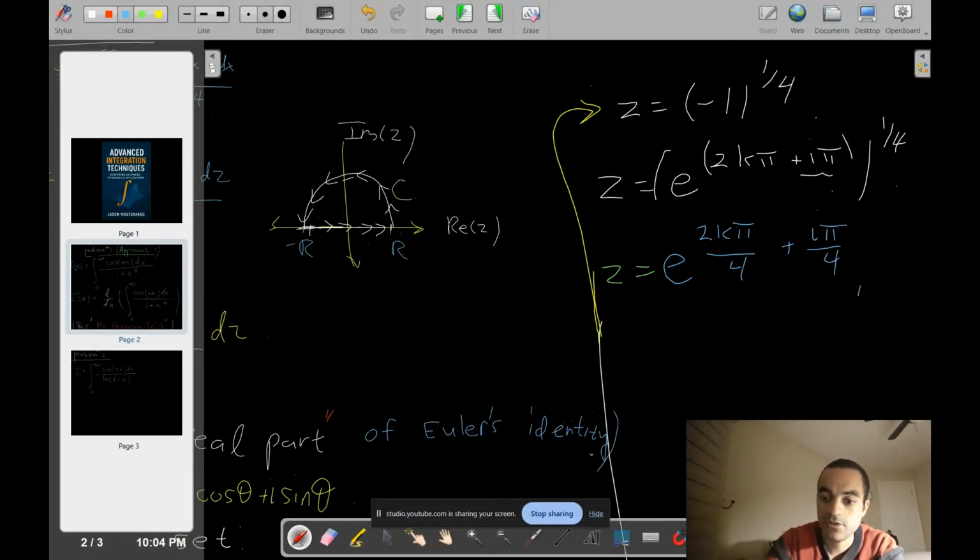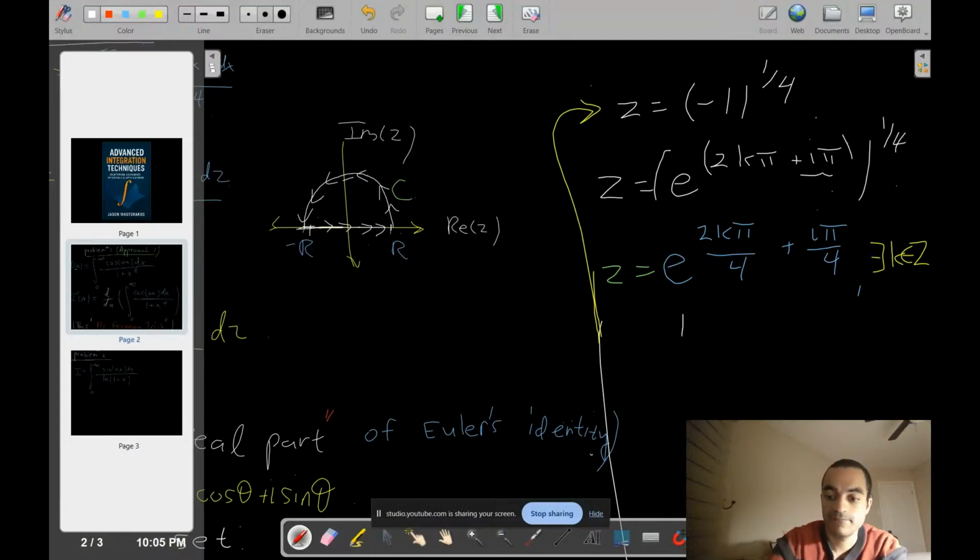It's good to note that there exists an integer k, a k in z, where k is equal to 0, 1, 2, 3, all the way up to n minus 1 of the exponent.